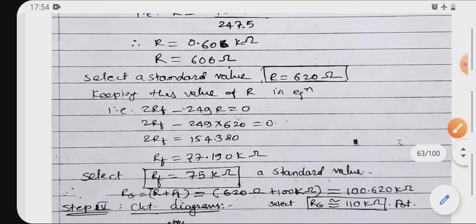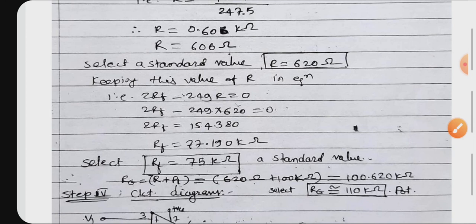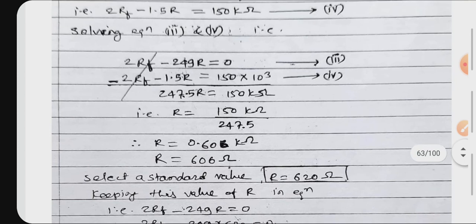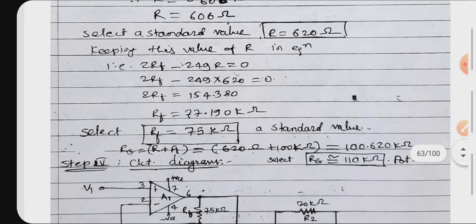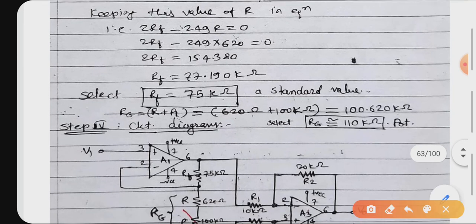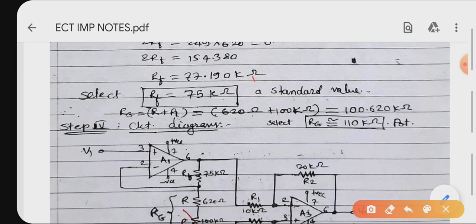Okay, by keeping this value of R in any one of the two equations, that means equation number 3 and 4, you can calculate the value of RF also. So RF you will get as 77.190 kilo ohm. Select a standard value of 75 kilo ohm. Accordingly, you can calculate the value of RG as R plus P1, it is equal to 100.6 kilo ohm.